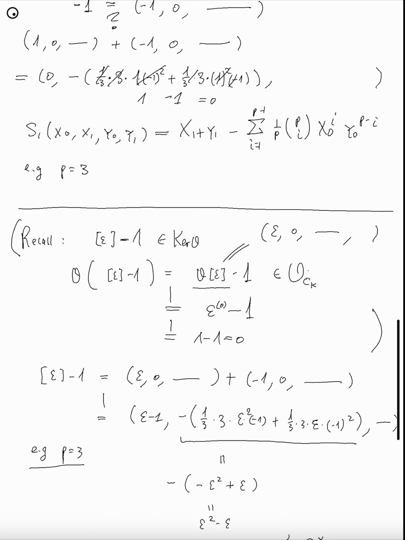Did I use something about the characteristic not equaling 2 in simplifying this term? Let me see. So minus 1 is the same as plus 1.